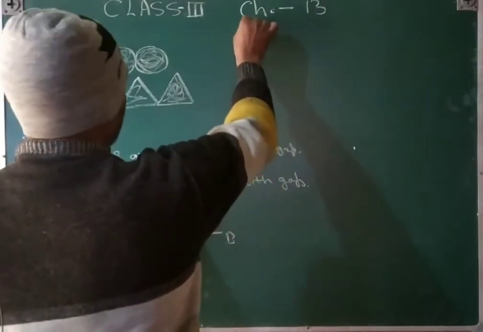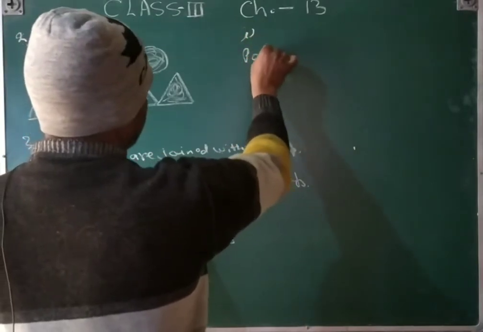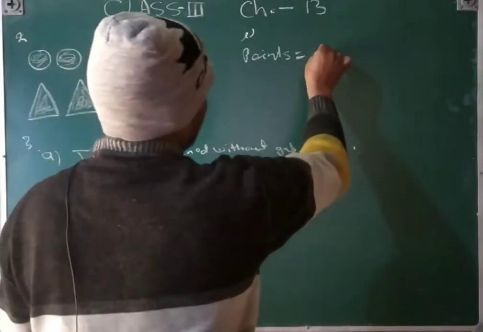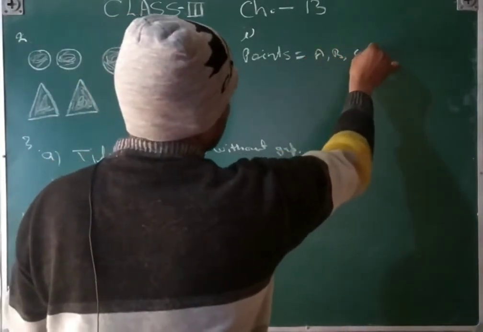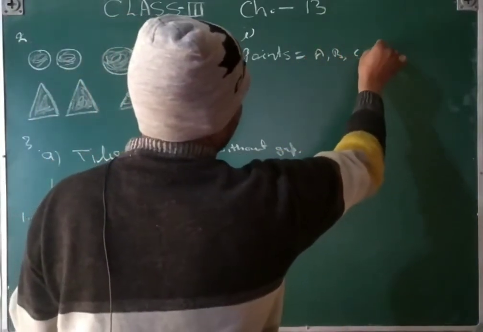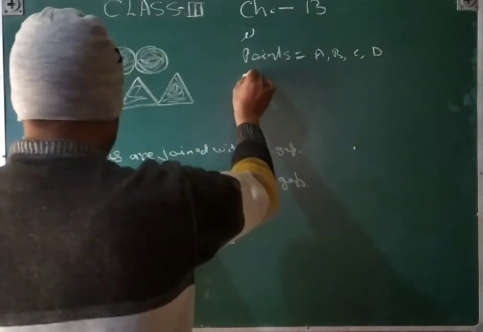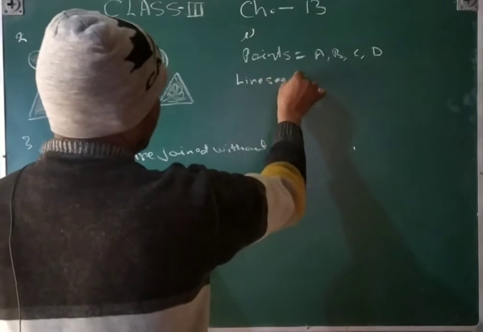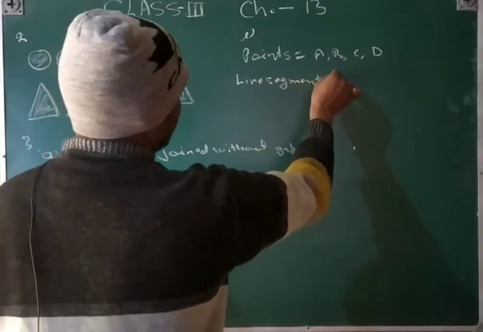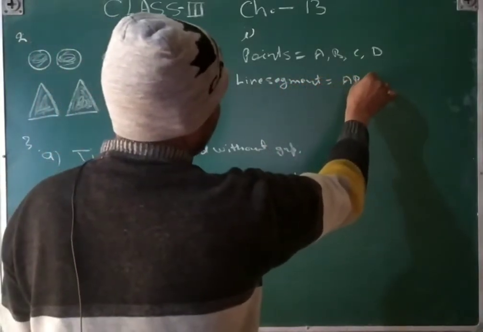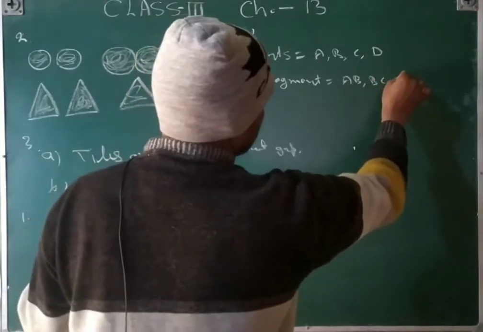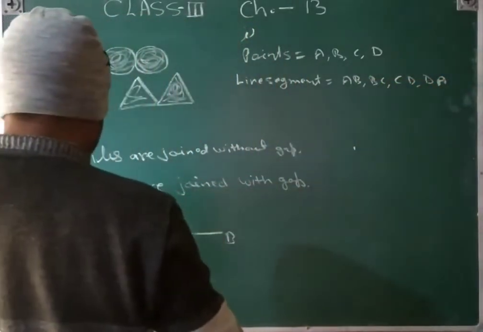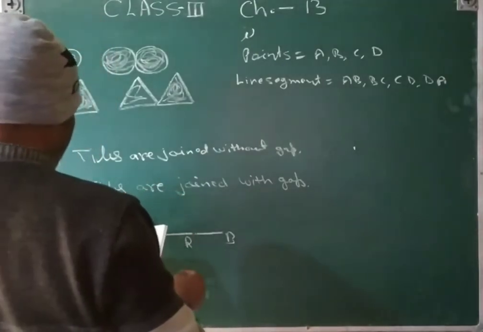First one, points are A, B, C, D, and line segments will be AB, BC, CD and DA.